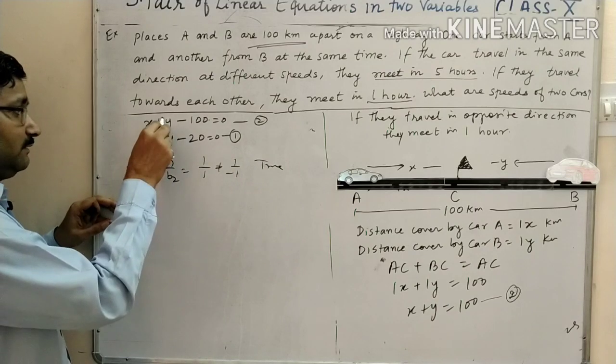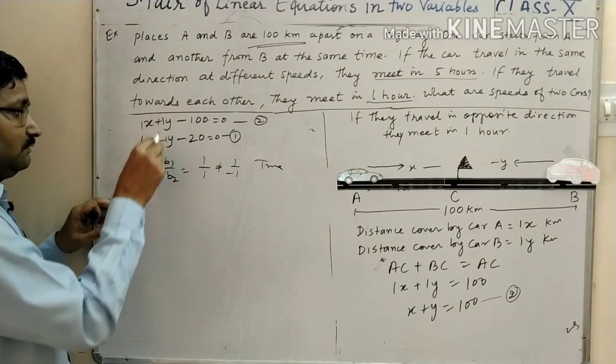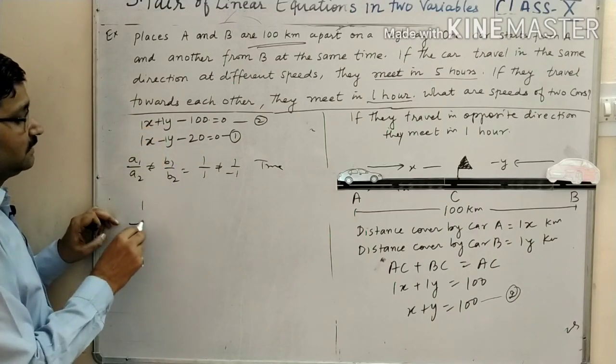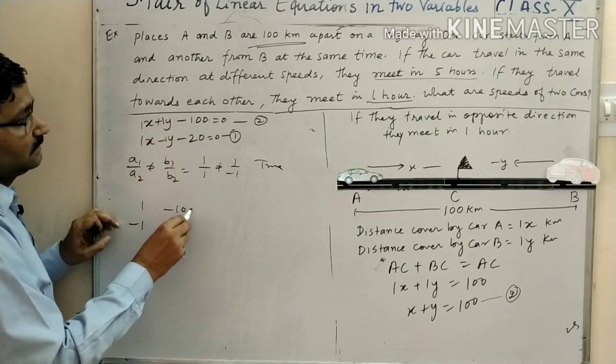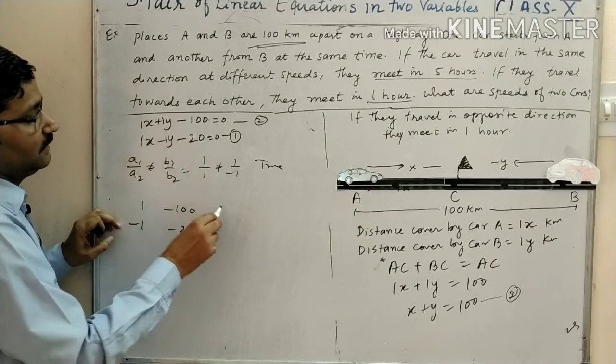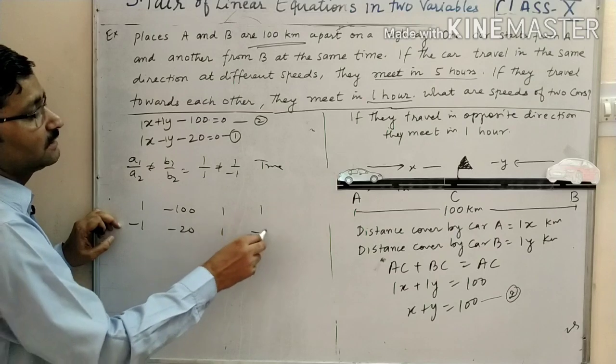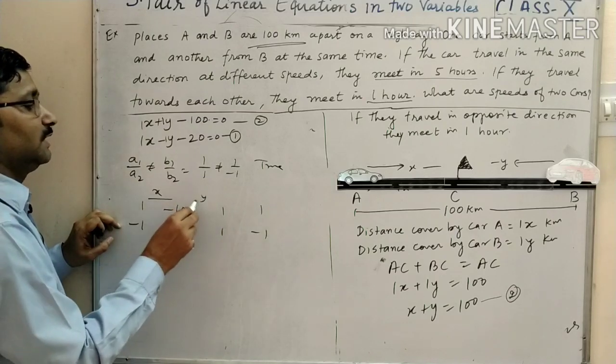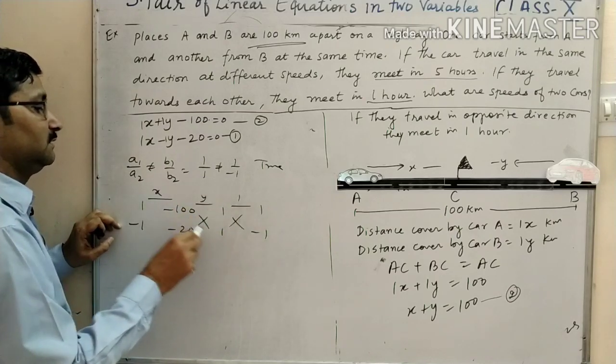Now you write from here: 1, 1, 1, 1. You start from the middle: 1, minus 1, then minus 100, minus 20, then 1, 1, then 1 and minus 1. Now you write x, y and 1, and cross multiply.